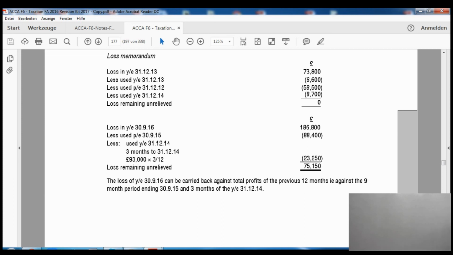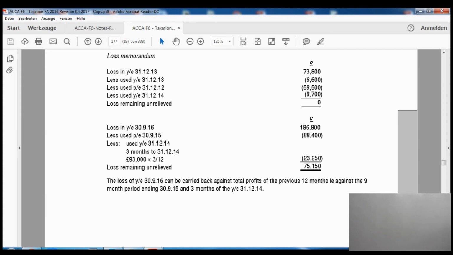Now if we look at the 2016 one, the loss was 186,800, and we used 88,400 in the 9 months period ending in 2015, and we took 3 months from the previous period as well, which was 2014.